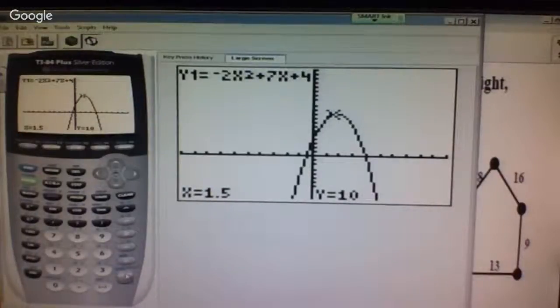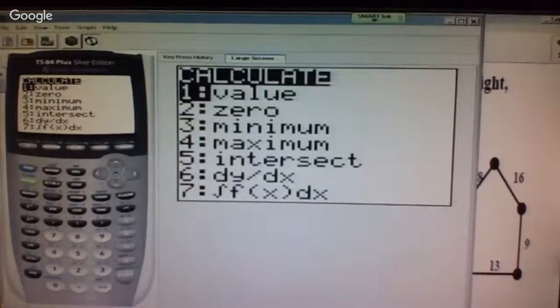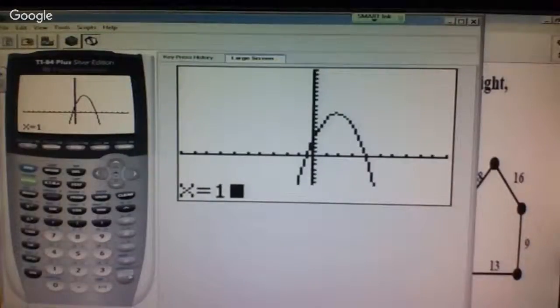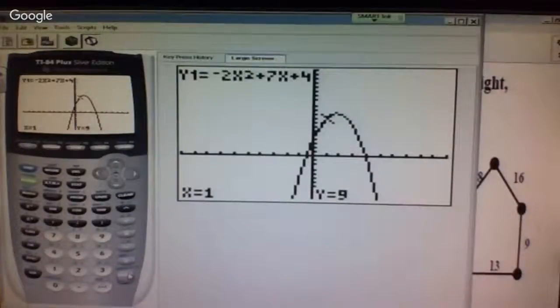Y is 10. If you end up with x is 1.5 or x is like 2.75, you're going to have to use that value because the table only does whole numbers. Go second trace, click value, and put in whatever number you want for x and it gives you your y.